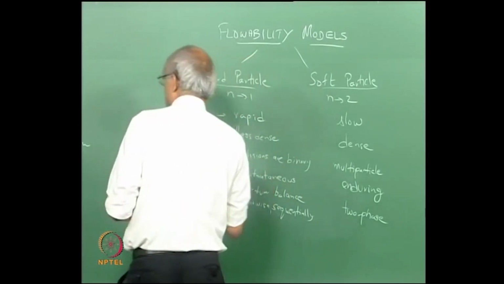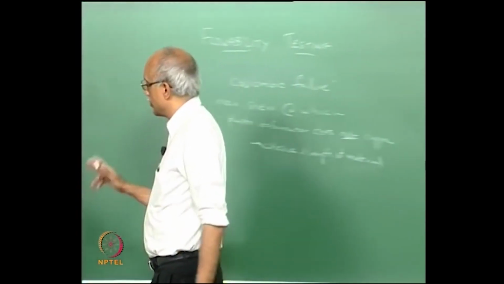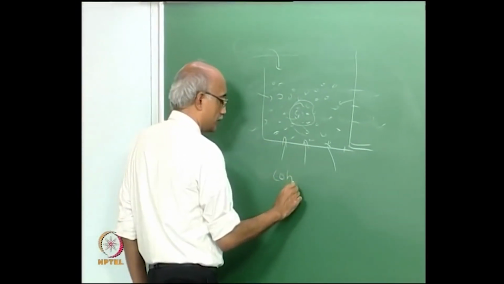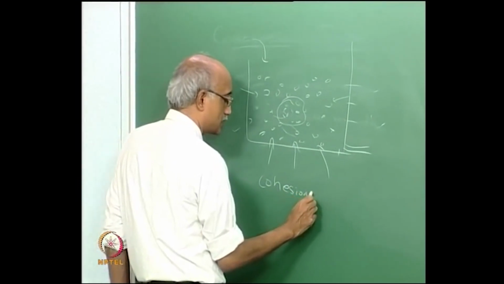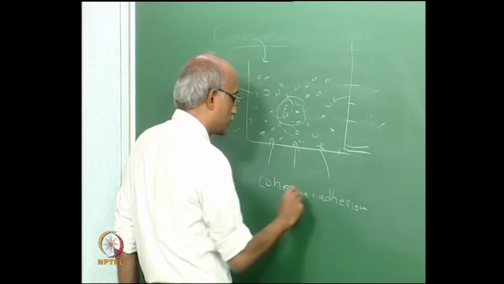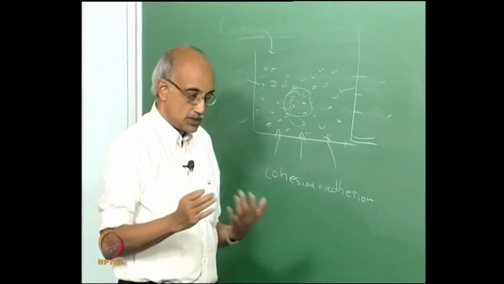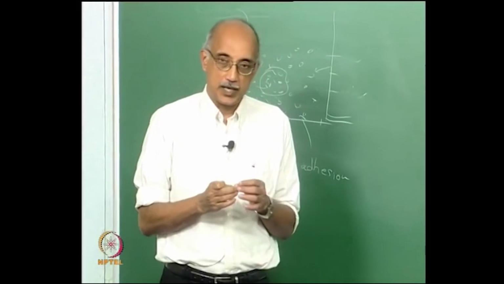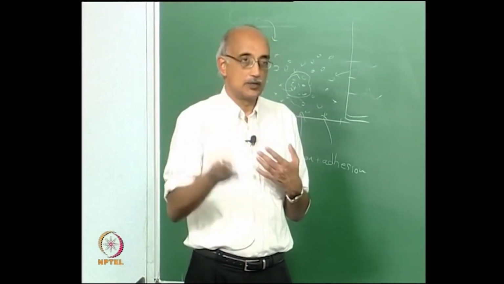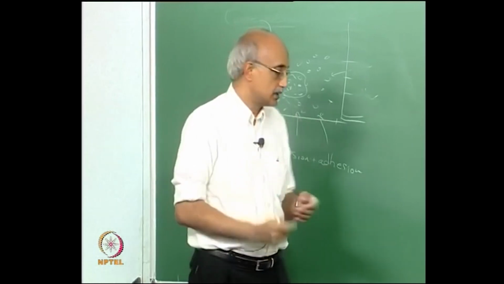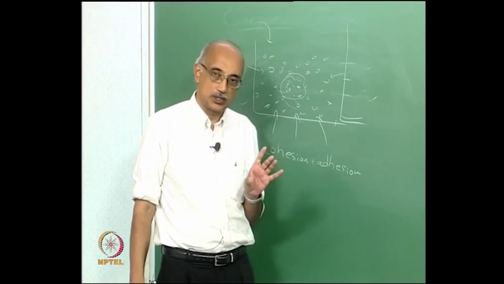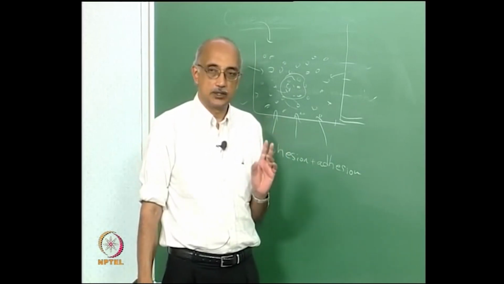The problem here, for example, is one that combines cohesion plus adhesion, since it involves both sticking of particles to each other as well as sticking of particles to the nearest contiguous surface that they come in contact with. And this is fairly common in most problems where we are dealing with cohesion. We also simultaneously deal with adhesion.